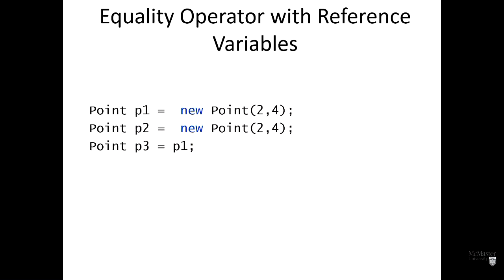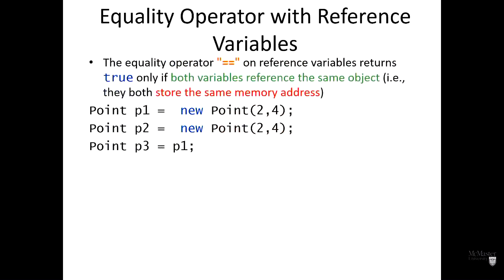Here are some examples. We define two new objects, B1 and B2, and then we define a third one. We have gone through this example before. Then we said point B3 equal B1. Now B1 and B3 are pointing to the same place in memory, right? Now if I check the equality, and this is a new thing here, if I check whether B1 is equal to B3, this is true, because equality here means both are referring to the same place in memory, right?